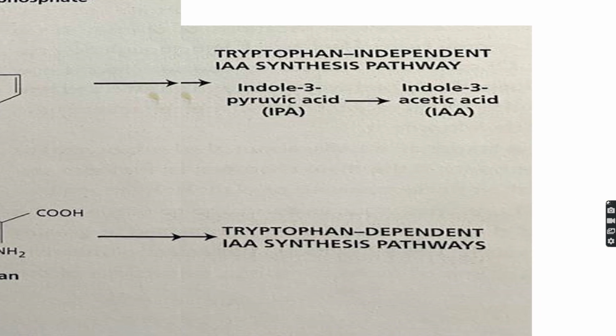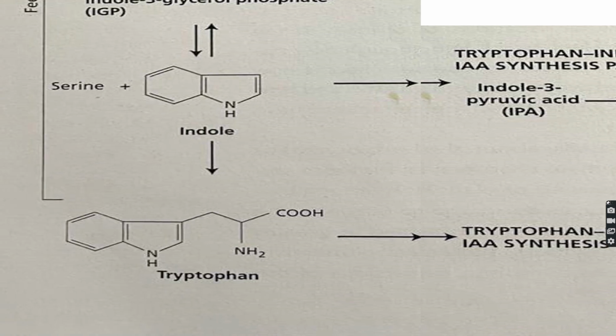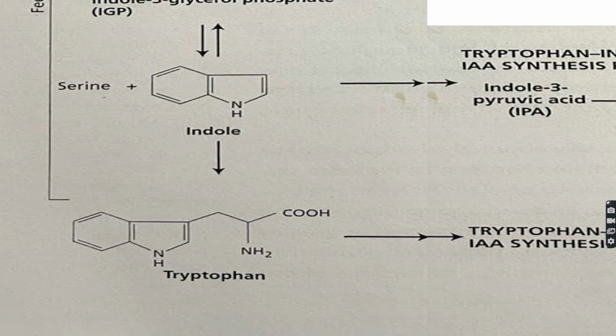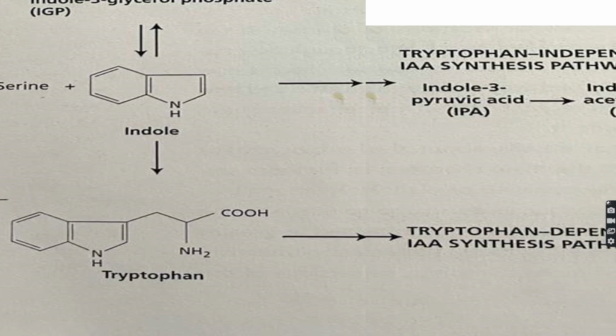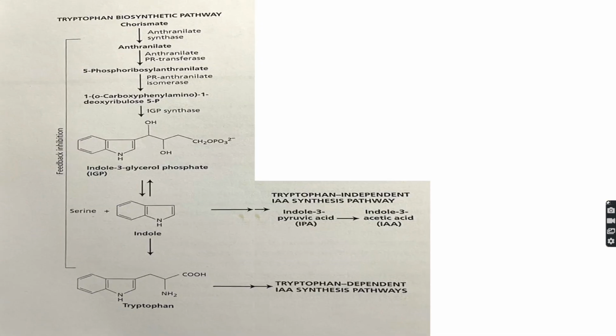So there are two pathways where IAA is produced. One is the tryptophan independent pathway, another is the tryptophan dependent pathway. The tryptophan independent pathway starts with indole, but the tryptophan dependent pathway starts with tryptophan.